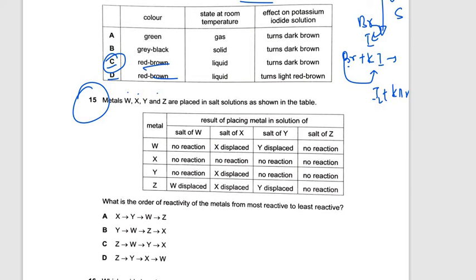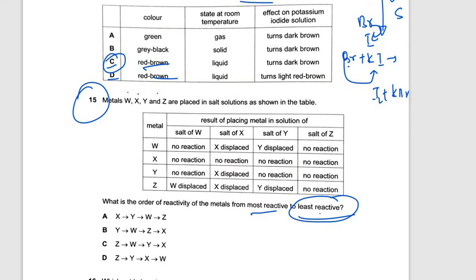You should look at all the options and pick out the one which is not reacting, giving you no reaction, which means it is the least reactive. Then you focus on what they are asking, how to arrange. Sometimes they ask from least reactive to most reactive, sometimes most reactive to least reactive, so focus on it.